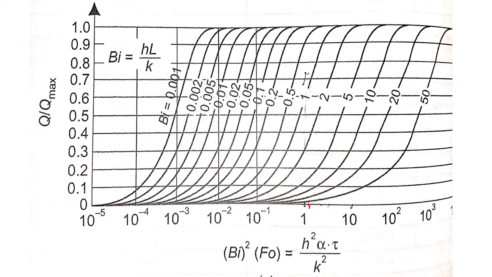It will be around 0.68 or 0.7. I already calculated it as 0.7, and now reading it, it is around 0.68. No problem, there might be some error in reading this graph. I think you have understood this.